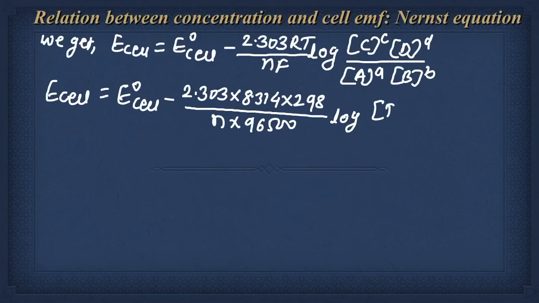Simply we can write the product concentration divided by the reactant concentration.